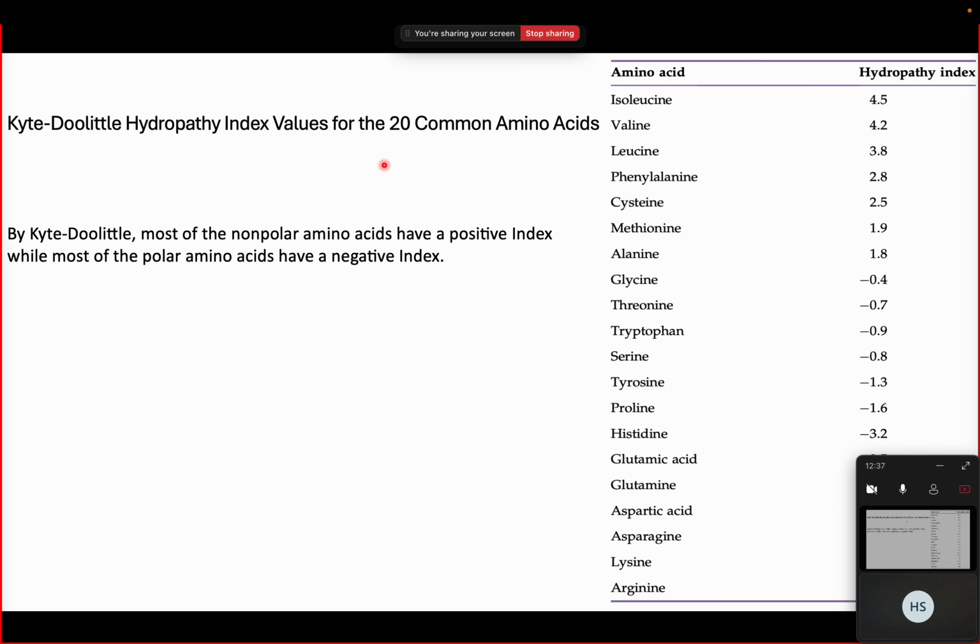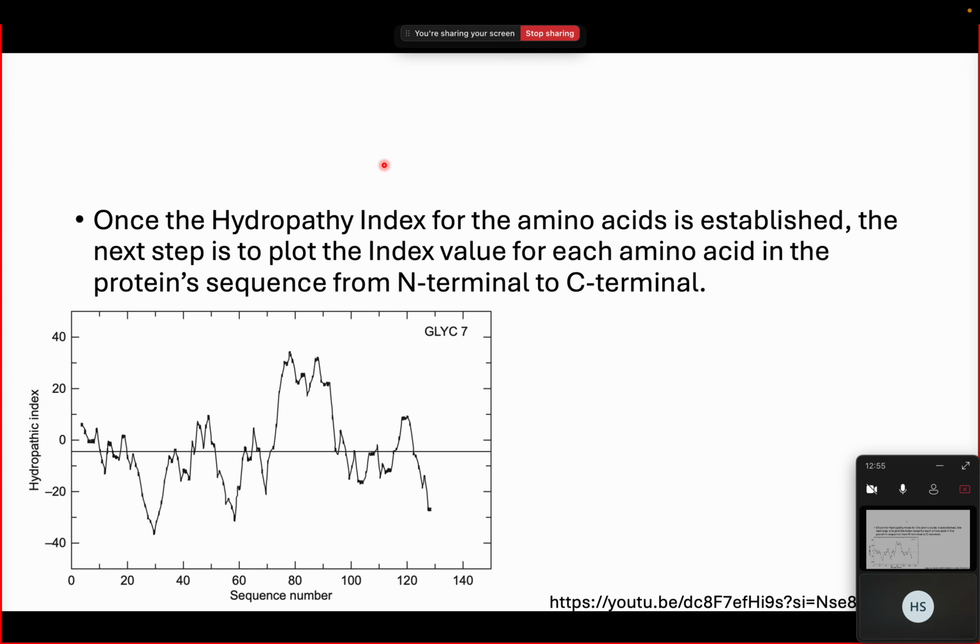So we studied the hydropathy index, which is one of the benchmark parameters on the basis of which we check whether the protein has the potential or the ability to be part of the membrane, right?